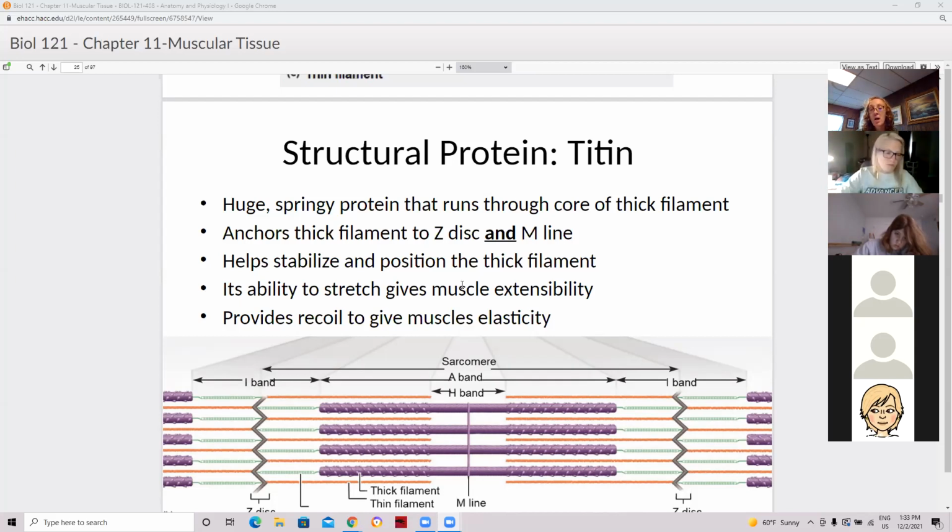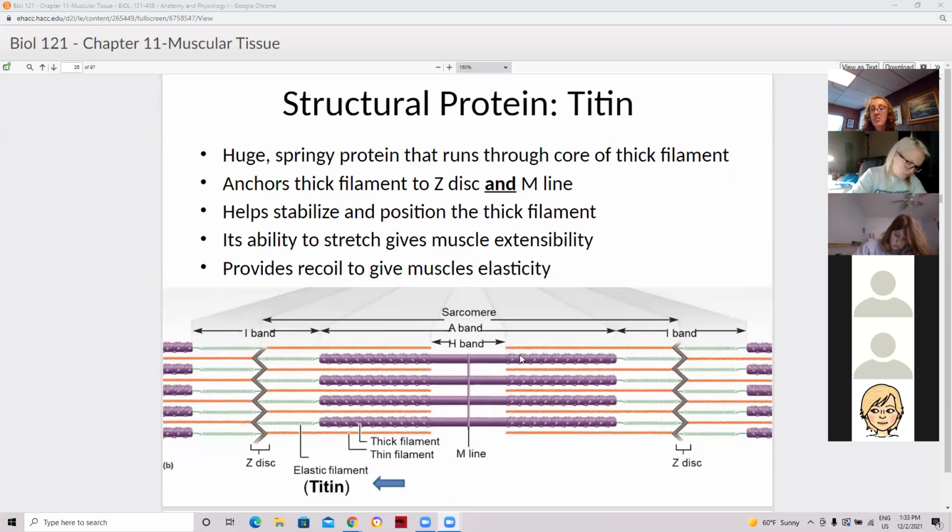This is a big, thick, strong protein that runs through the core of the thick filaments and binds the thick filament to the Z discs. From one Z disc to the next Z disc is a sarcomere.